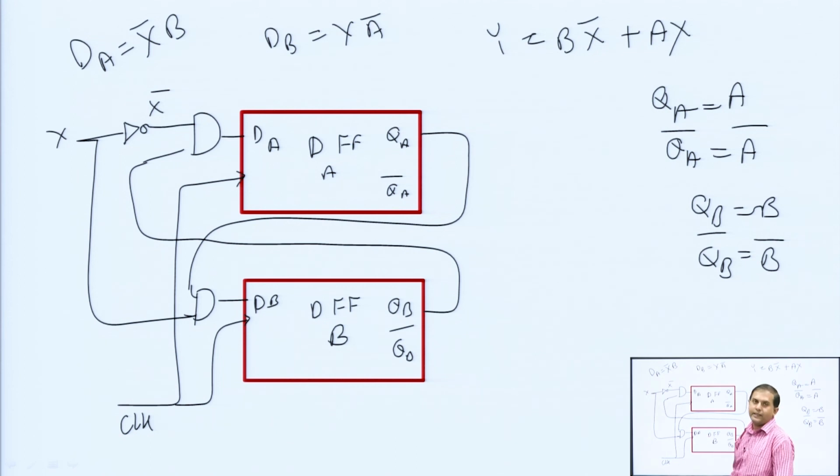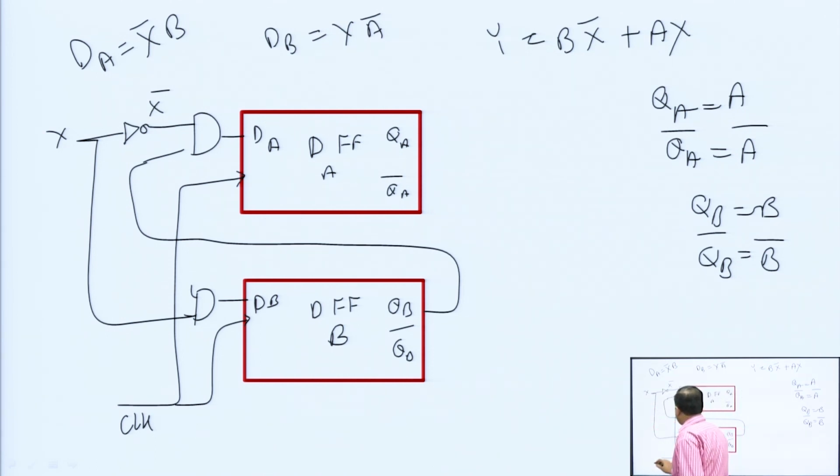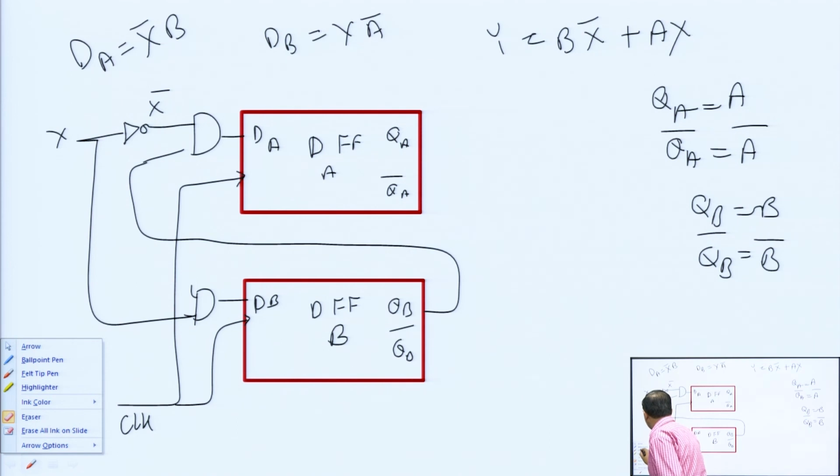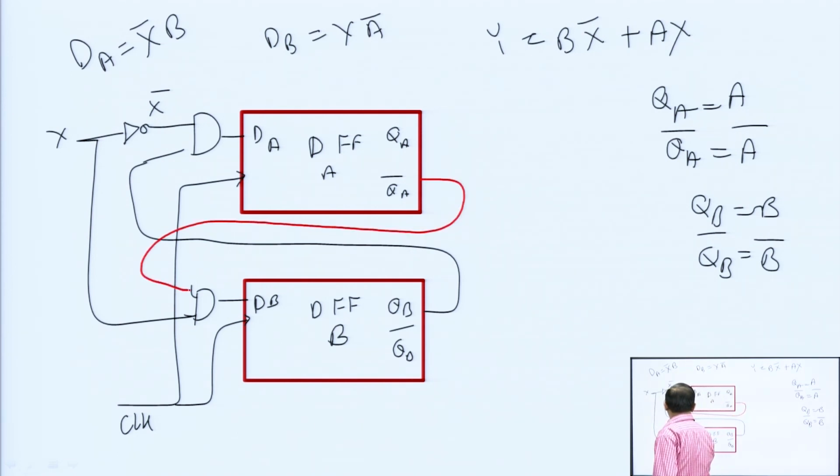You can take it from Q a bar also. Here also you can connect it, you can draw from this itself. This is Q a bar x, so dB is written. And what is Y? This is nothing but a, this is nothing but b.